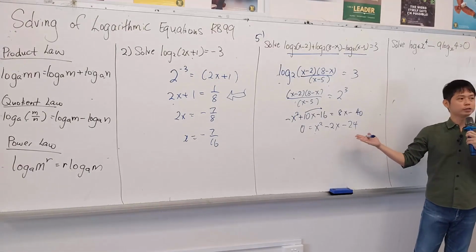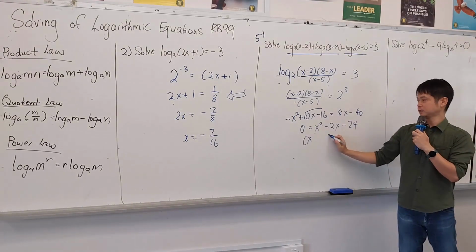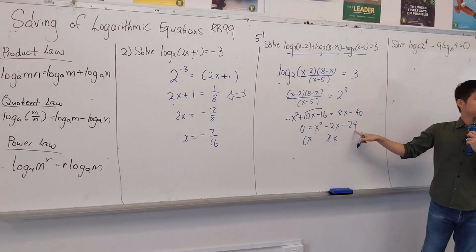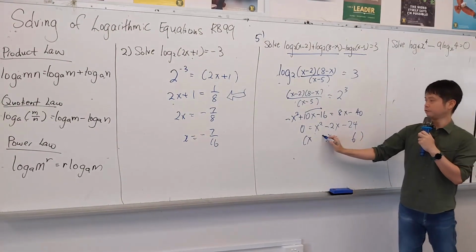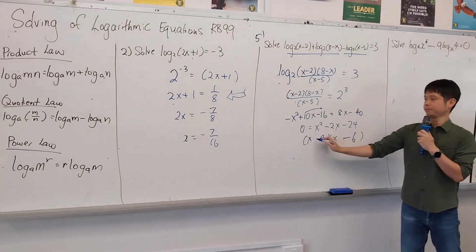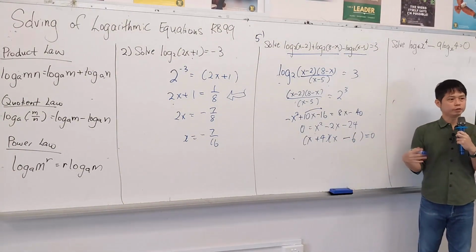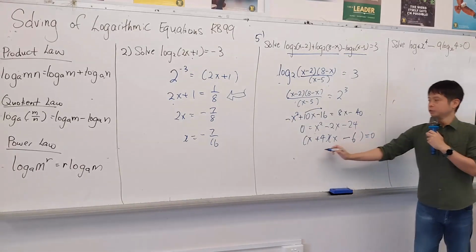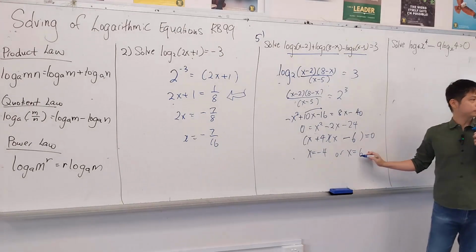You must either factorize or you must use the formula. Okay, so I will have x. So here I will have 6 and 4. So I have 6, 4 is more negative. But you must write this step down, even if you use calculator. So x equals to negative 4 or x equals to 6.